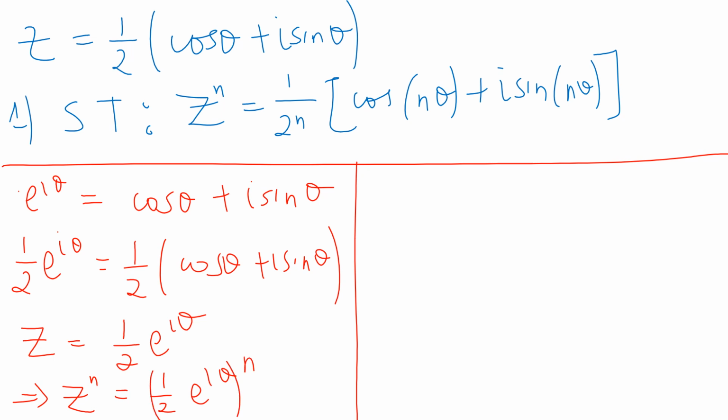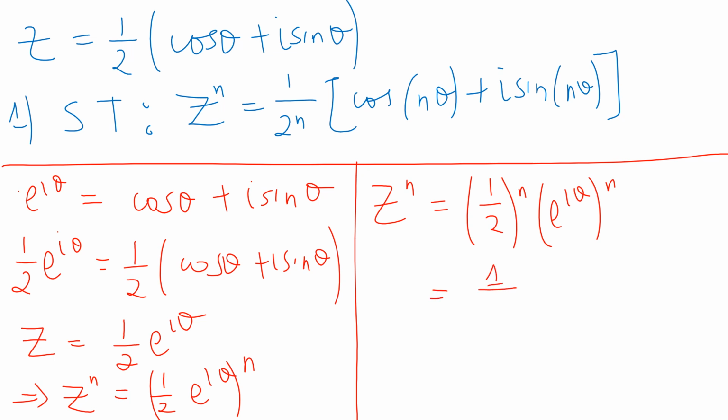What are indices saying? z to the n: I raise the half to the n, then I raise the e to the i theta to the n. So this is the same as 1 over 2 to the n, and this I can write as e to the i, now very special, I'm going to put n theta in brackets. This n theta now becomes my new argument.